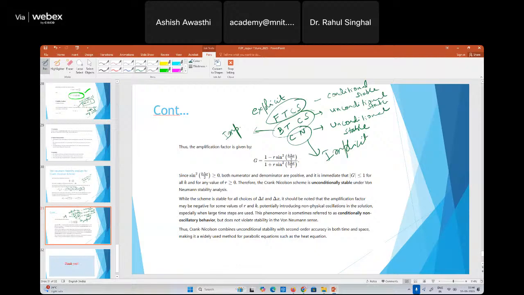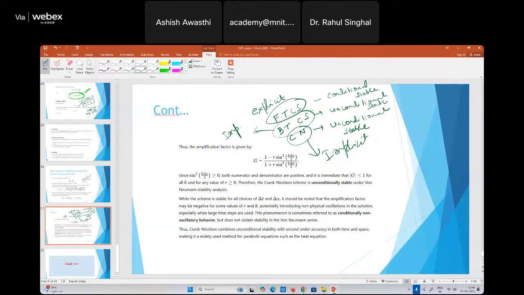So again, these are questions of debate or experience. Please don't think that I'm favoring BTCS, I'm not favoring CN. These are all matters of experience, problem dependence, and requirement. You will realize all these things only when you do hands-on computations.